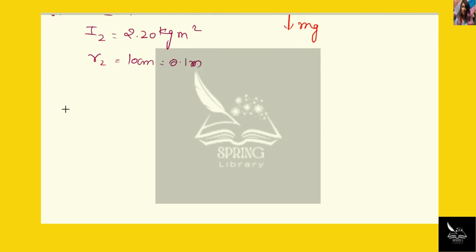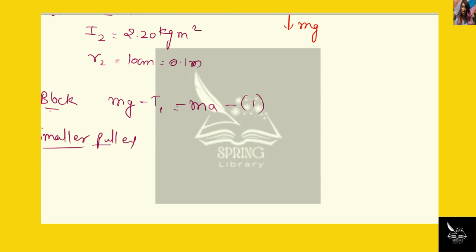Now from the free body diagram, for the block I can write mg minus T1 is equal to mass into acceleration, that is Newton's second law. Let this be our equation 1. For the smaller pulley we can write that net torque, that is (T1 minus T2) into R1, is equal to I1 alpha.